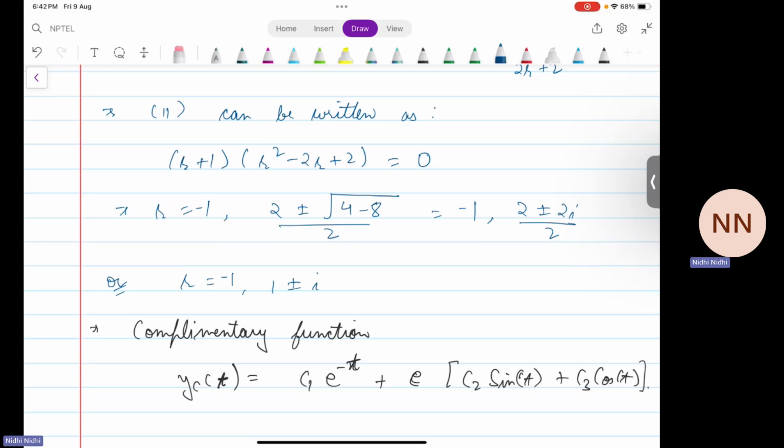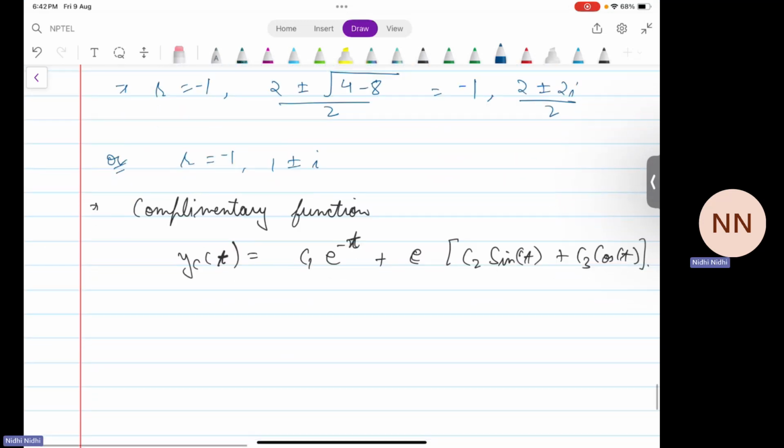So now our next aim is to find the particular integral. Particular integral is a function y_p such that (D cube minus D square plus 2) y_p is equal to 10 e to the power t plus e to the power minus t.